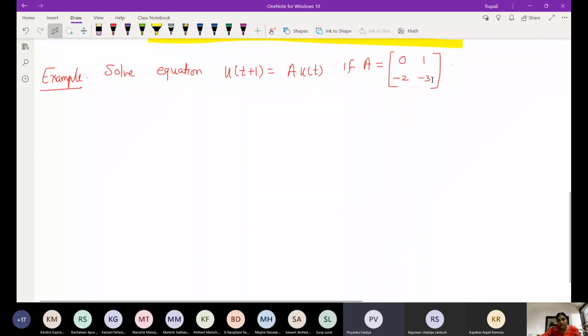Already we have calculated eigenvalues and eigenvectors of this matrix, right? What are the eigenvalues? -1 and -2. And its corresponding eigenvectors also we have found.